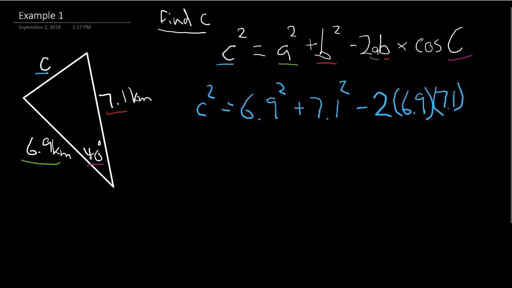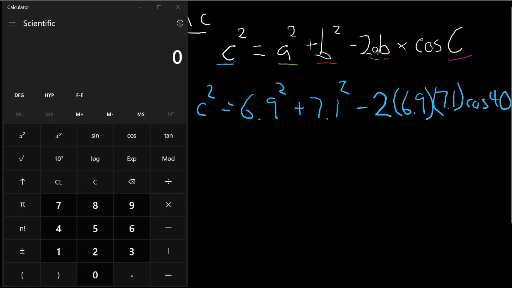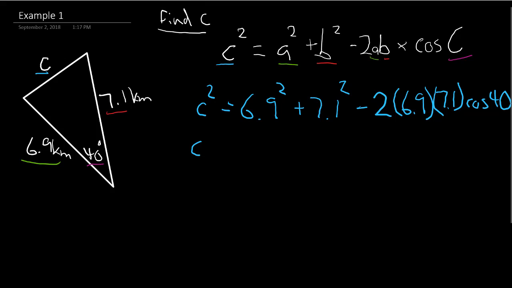Then I'm going to have cos of 40, so times cos of 40. We're going to go ahead and calculate this. So we still have c squared equals, and now I'm going to start doing the calculations.